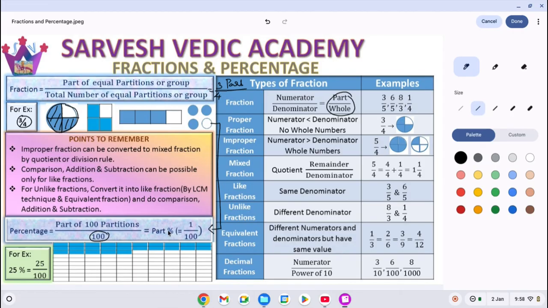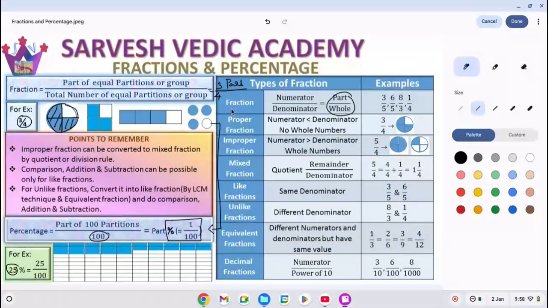So in percentage, we always replace this 1 by 100 with a symbol called percentage. Here 25 by 100 is nothing but 25 percentage. This percentage represents that out of 100 we are shading 25.